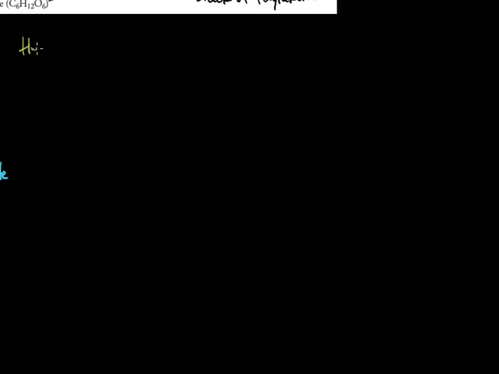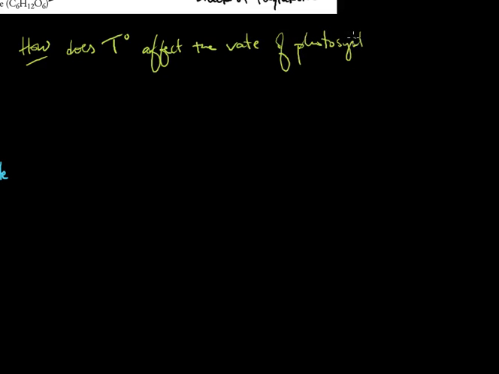So I'm going to ask, this is my abbreviation for temperature, how does temperature affect the rate of photosynthesis? And I'm not going to answer that here, because I know that I could go into a lot of detail, and this is something that you could very easily look up in your book in the section about photosynthesis.